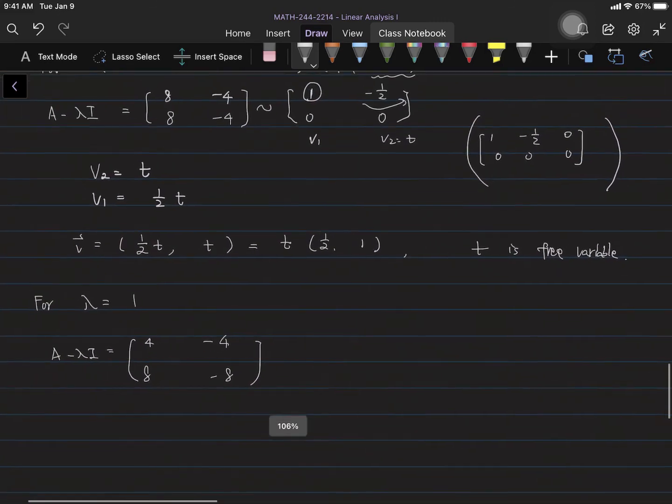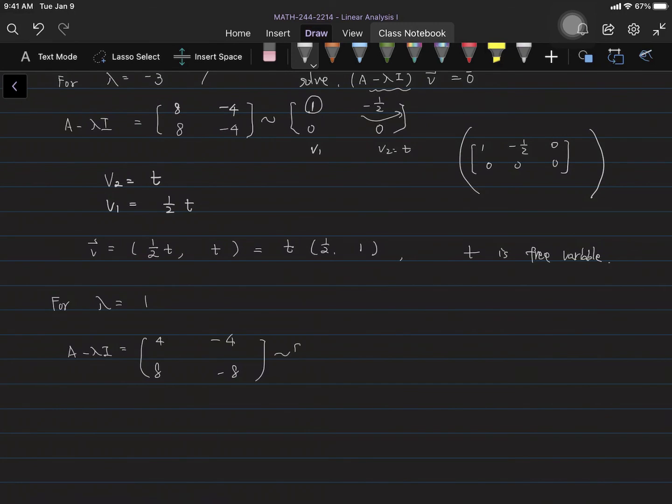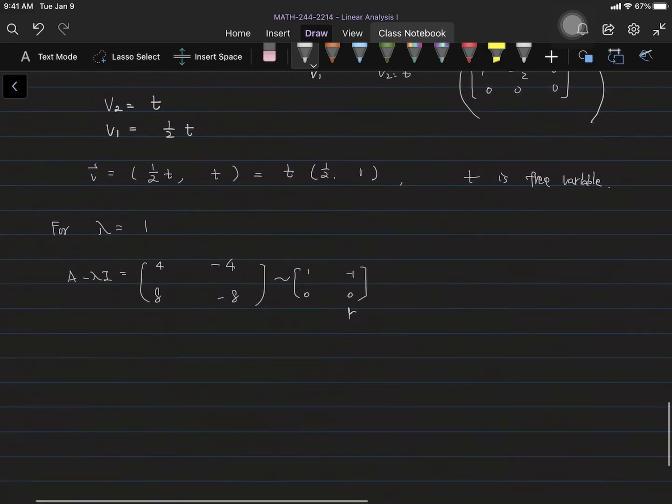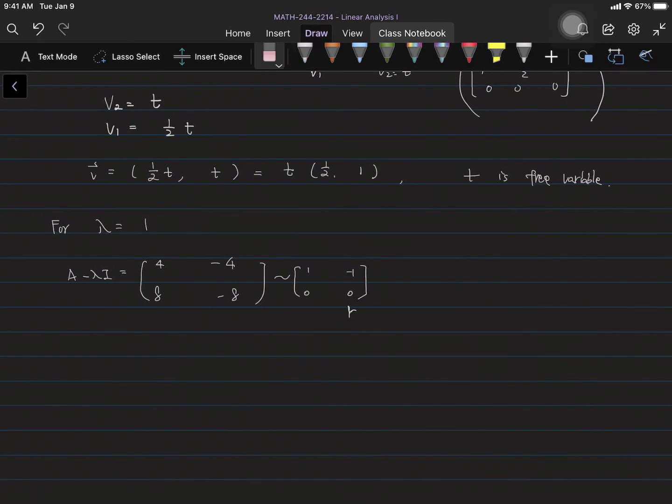Okay, let's solve this. Reduce into row echelon: 1, negative 1, and the second row 0, 0. So who is the free variable? We can say this is s or r, it doesn't matter. You can use any letter you like. Let's use s.